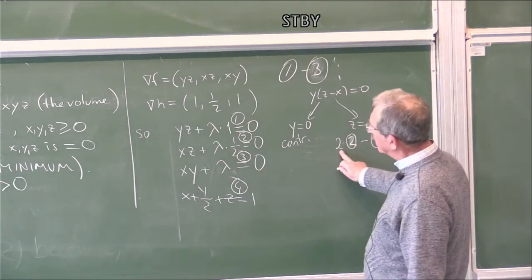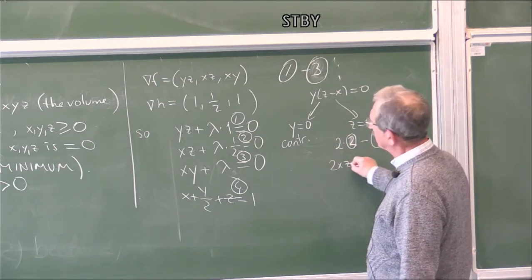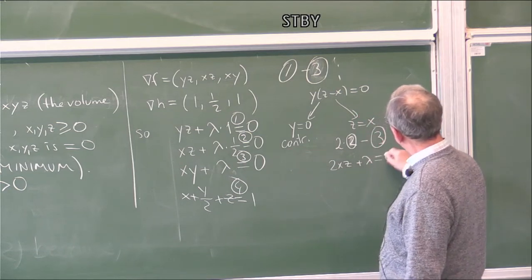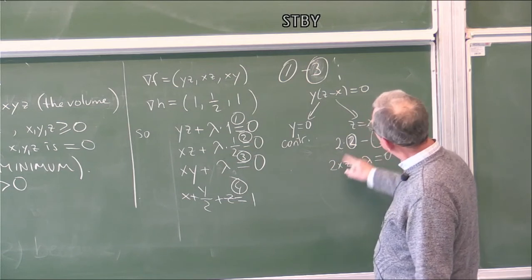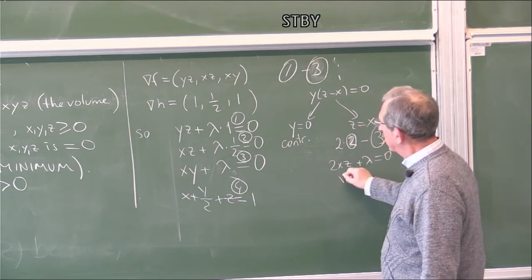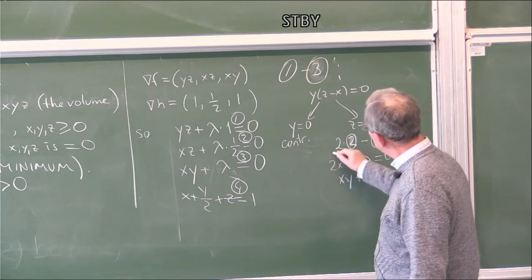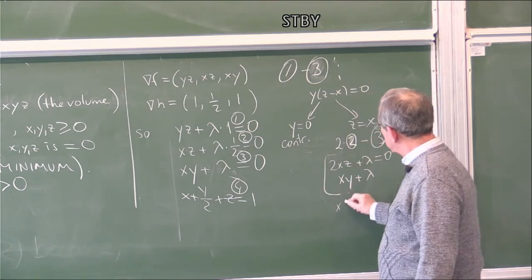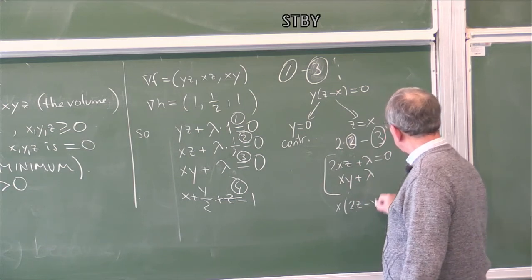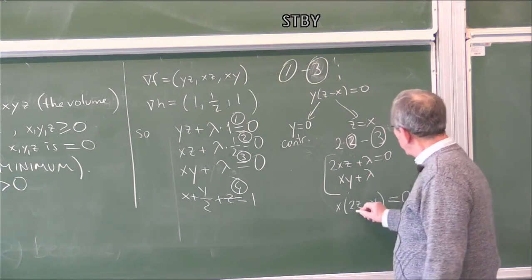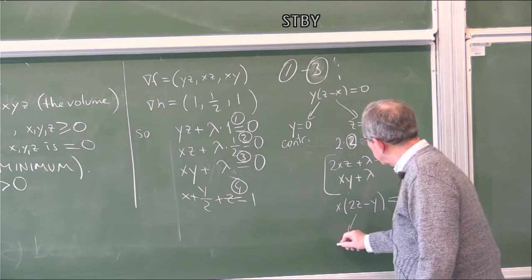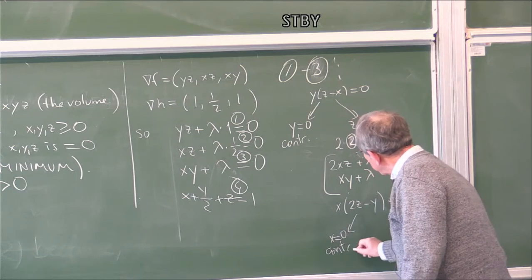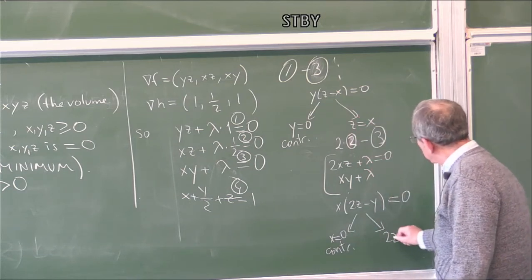So we have then 2xz plus lambda is 0, and we will subtract from it 3, which is xy plus lambda. So subtracting, we get x times (2z minus y) is 0. So either x is 0, but x is not 0. This is a contradiction. So 2z is y.